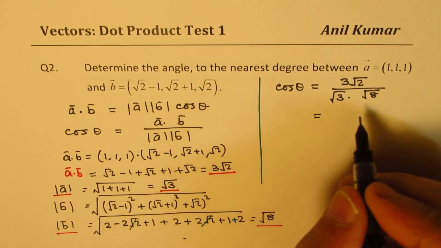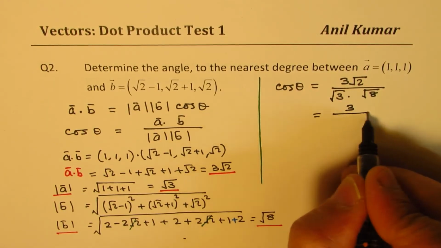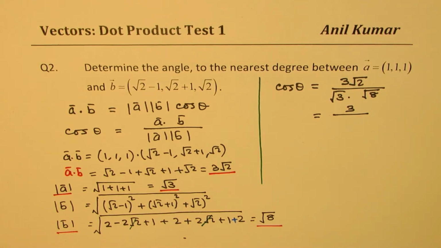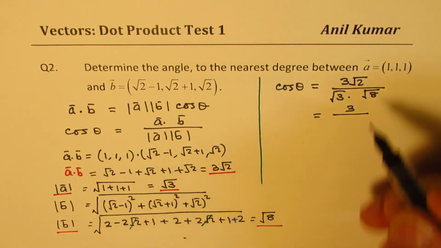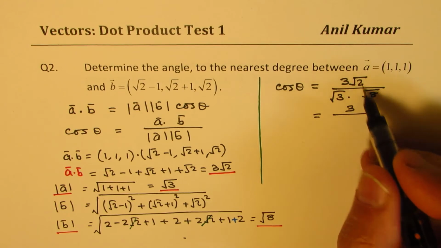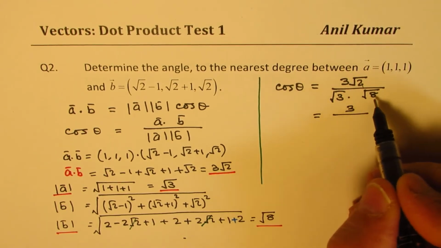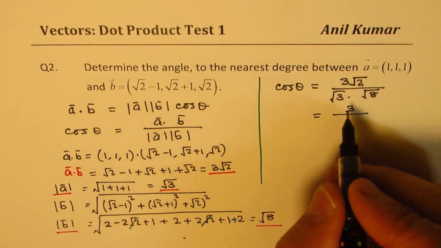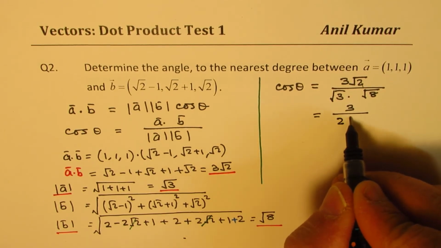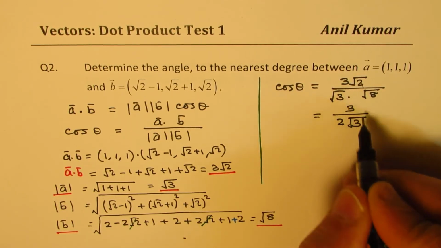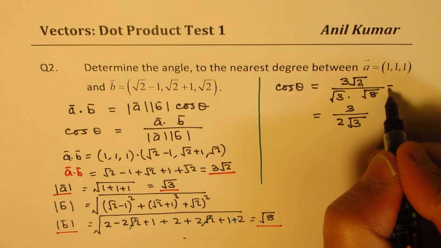So we could actually rewrite this as 3 over... So within the square root, we could cancel these, right, with 4, right? So when you cancel this, it is actually 4 square root 2, right? So we get here 2 square root 3. Is that clear to you? Let me go one more step.